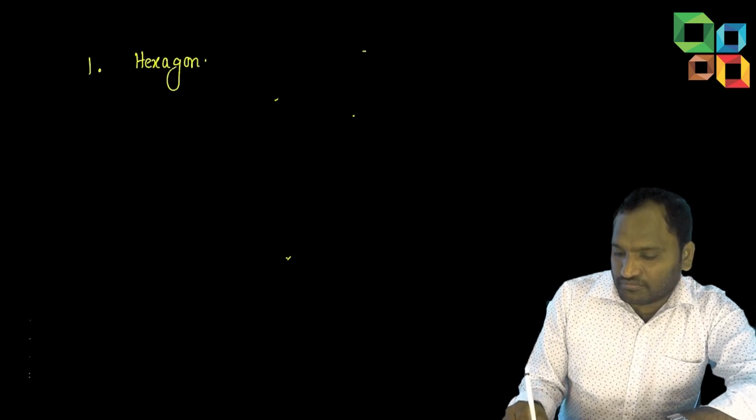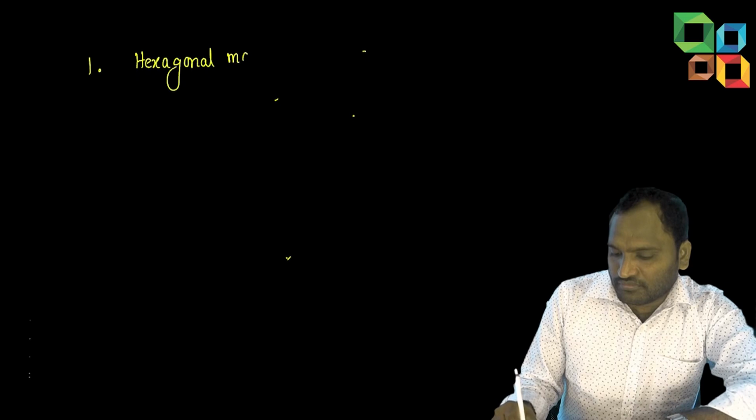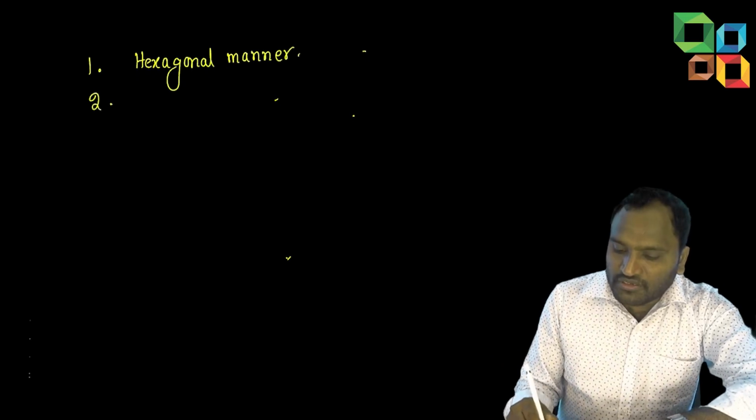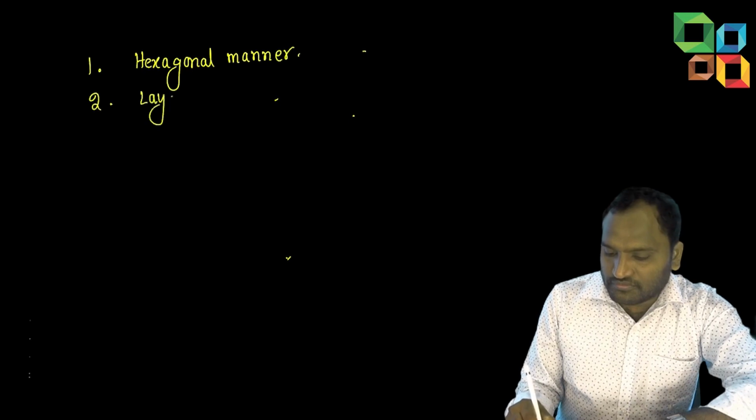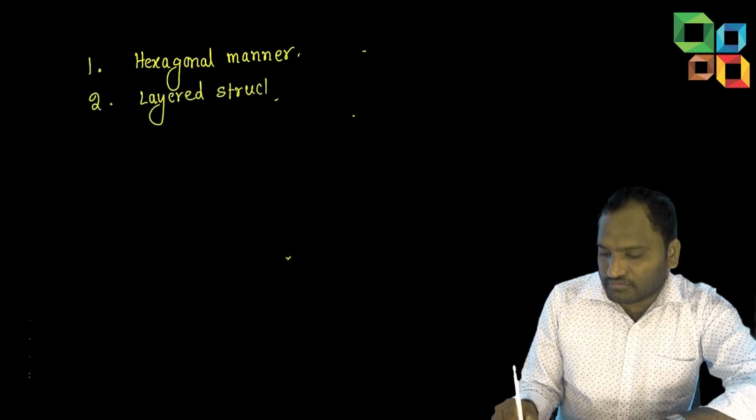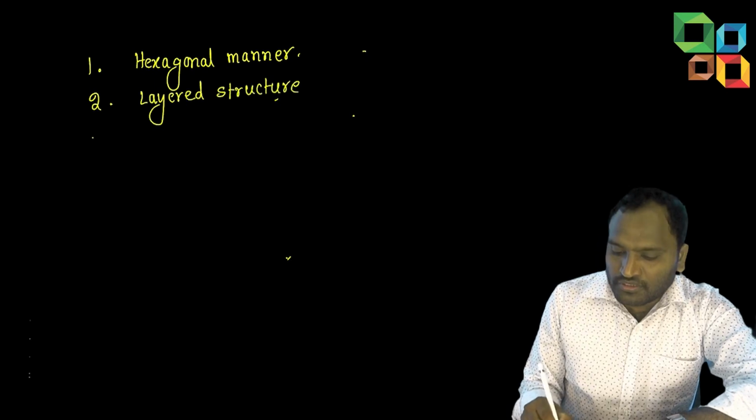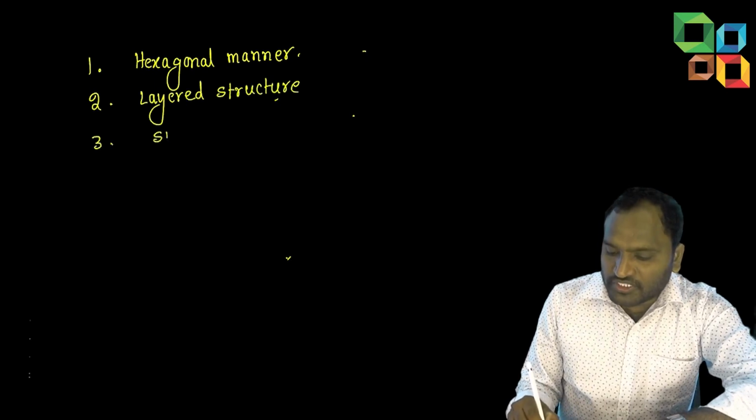Carbon atoms are arranged in a hexagonal manner. It has a layered structure. Here the carbon atom is undergoing sp2 hybridization.